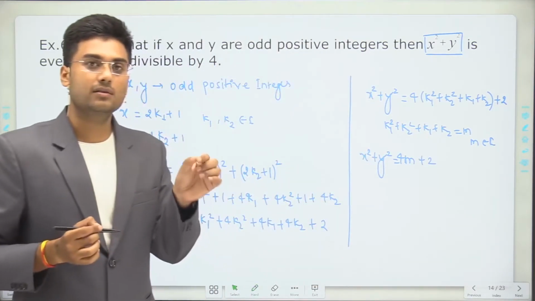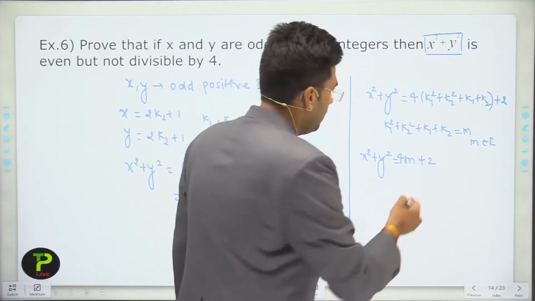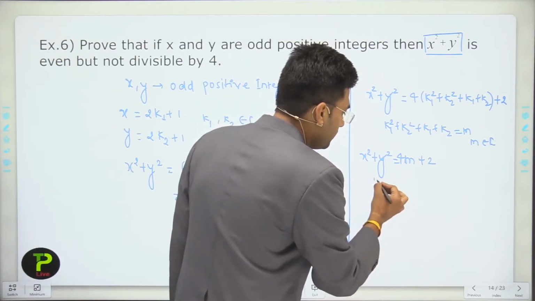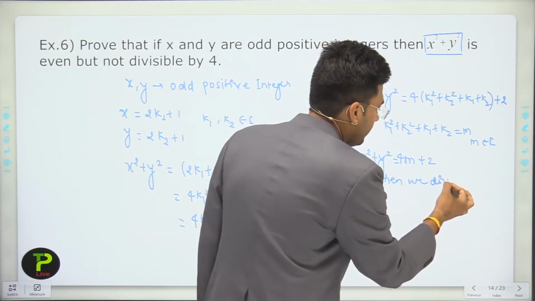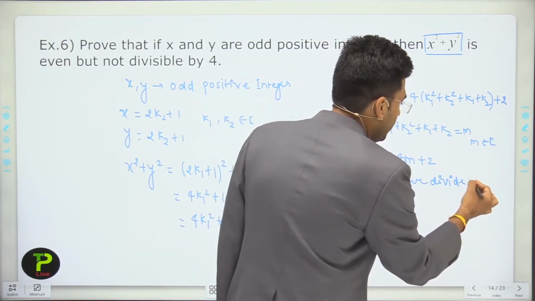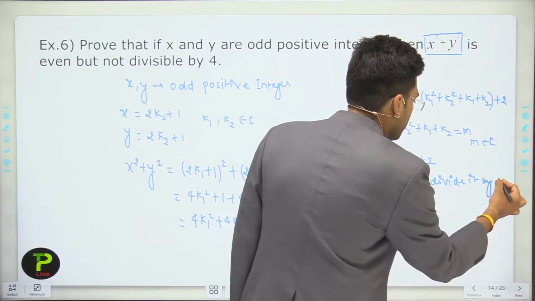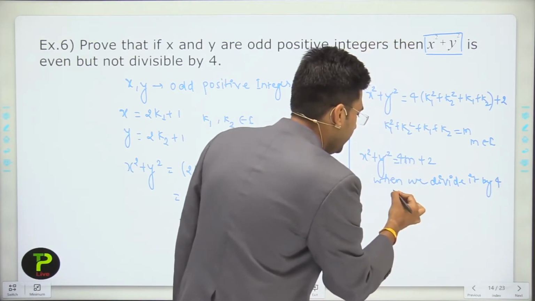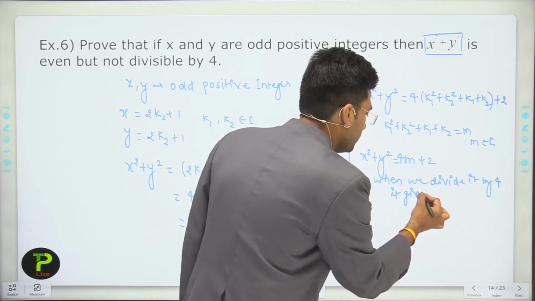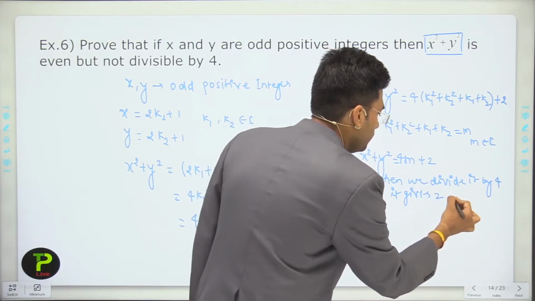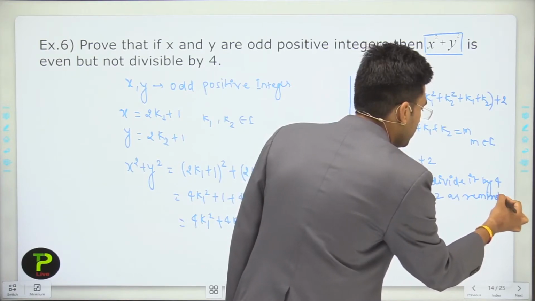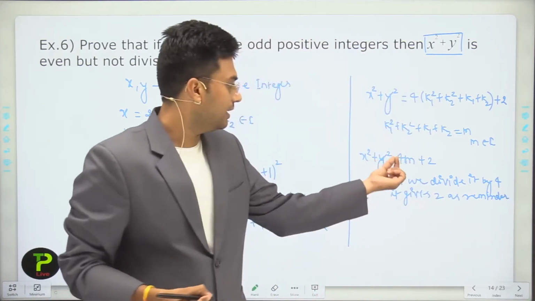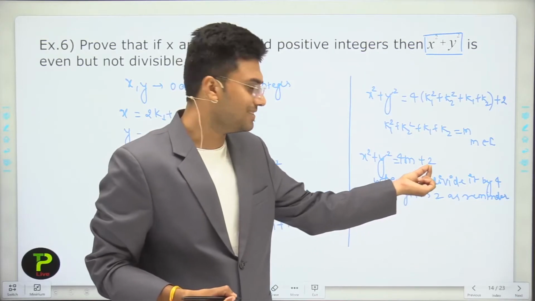So now when we divide it by 4, it gives 2 as remainder, because it is of the form divisor multiplied by quotient plus remainder.